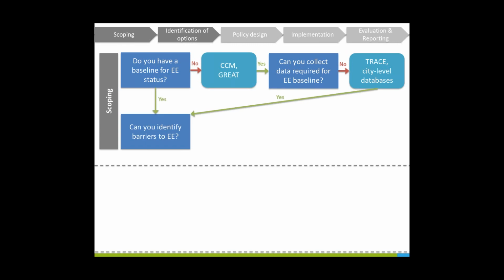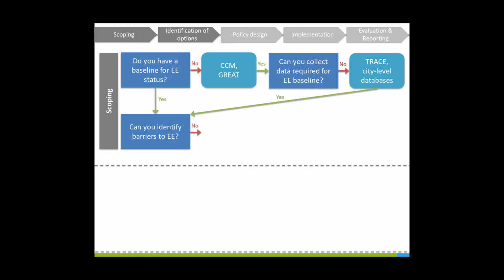After this step, the next question is whether the city can identify the key barriers to energy efficiency which already exist and need to be overcome in order to improve energy efficiency in the jurisdiction.